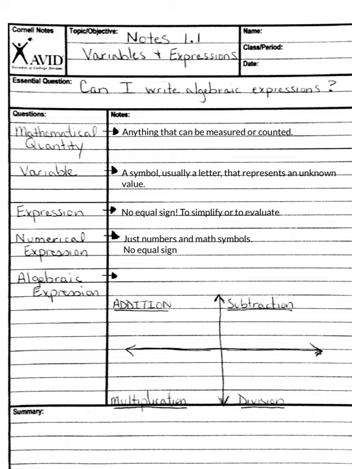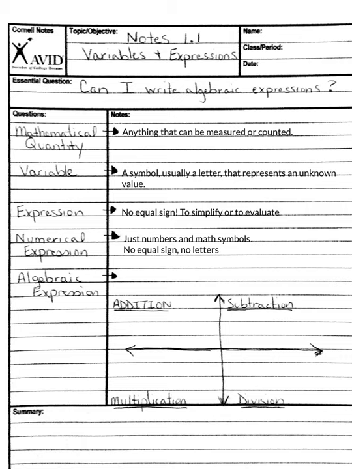And because it's numerical, meaning numbers, we're going to have no letters either. So if we have a numerical expression, we will just have numbers and symbols.